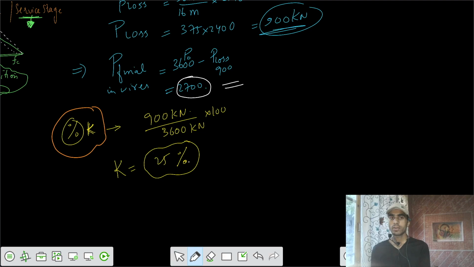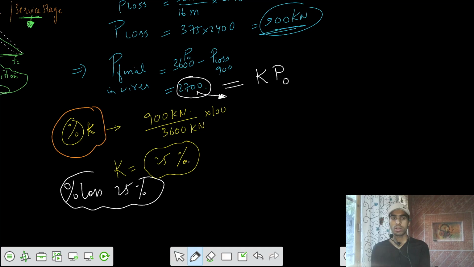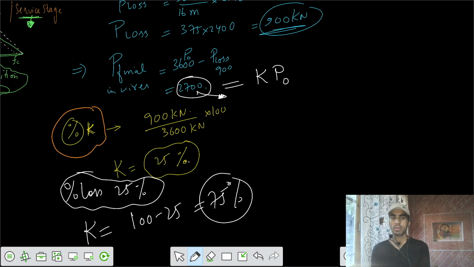That 2700 I'm going to write as K times P naught. That means the percentage loss is 25%, but your K value is actually 100 minus 25, that's 75%. K is 75%, that means 0.75. So K we are going to write as 0.75. We are not going to write it as 25%.